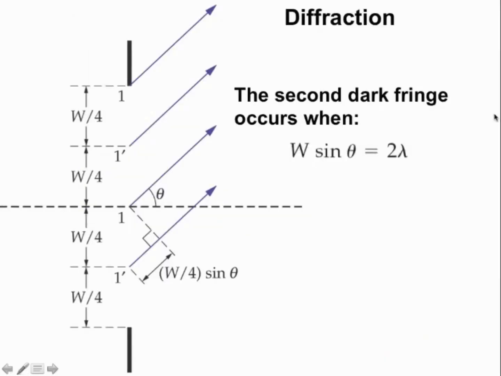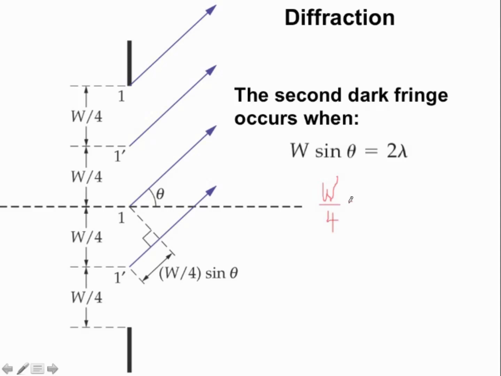The second dark fringe occurs when W sine theta equals 2 lambda. And we can understand that if we think of the d in this case. d is going to be W over 4. In the last case, d was W over 2. But in this case, we're going to have a d of W over 4. That's a really weird W, but this is a hard tool to use.